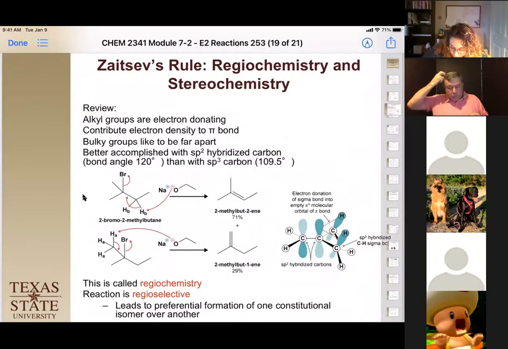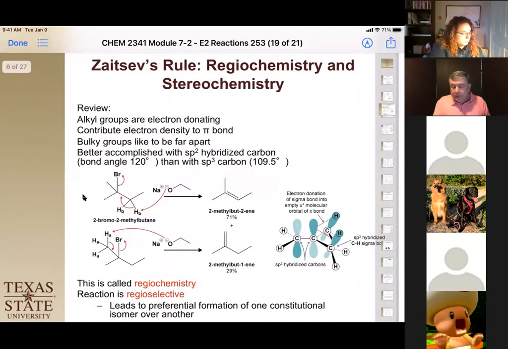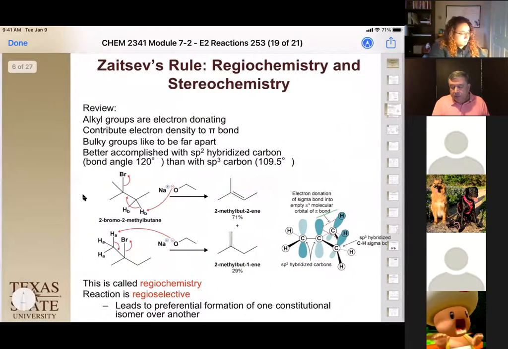All right, so why? Well, when we're starting to do this reaction and we're starting to pull off the hydrogens on there and we're moving our electrons around, the pi bond that forms has hyperconjugation with two different sp3 hybridized carbons bonded to hydrogen.